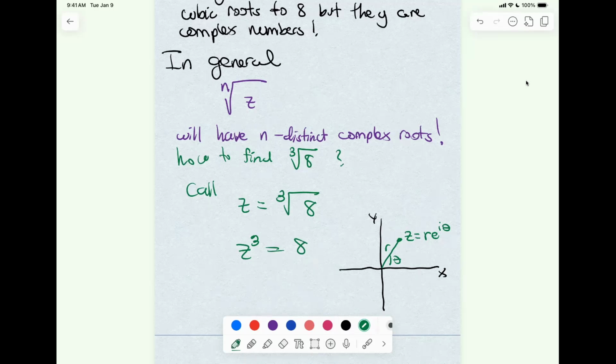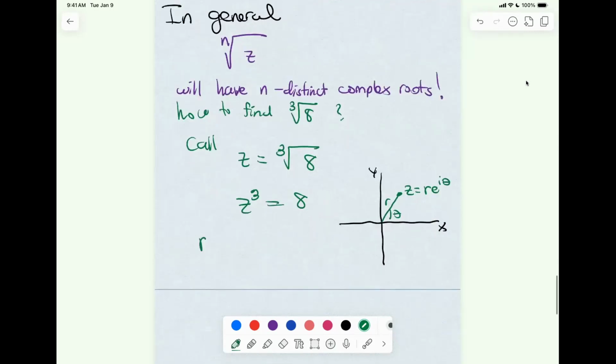But if that's how we're writing z, what would z cubed be? Z cubed would be r cubed e to the 3i theta, because the angles add. You do theta plus theta plus theta, which gives you 3 theta. So r cubed e to the 3i theta should be 8.